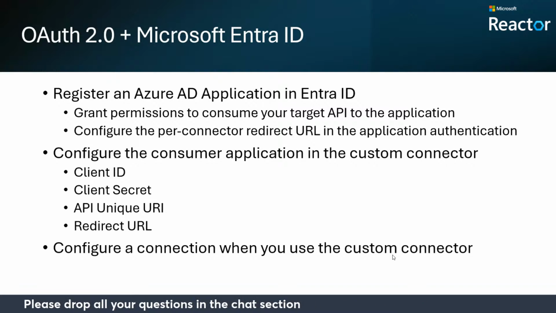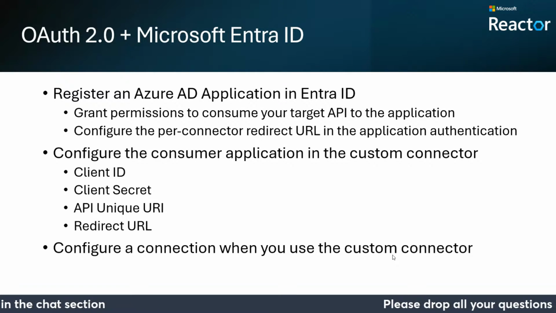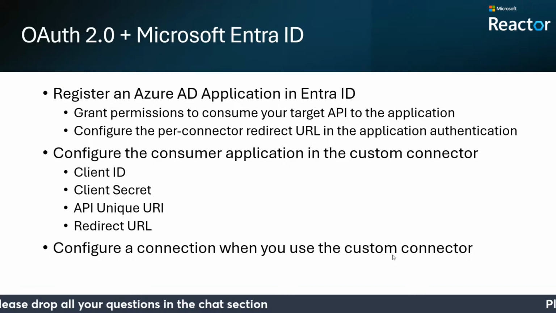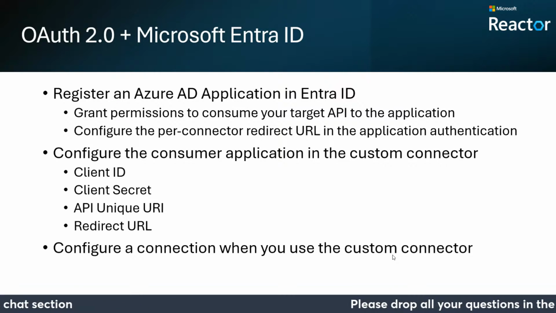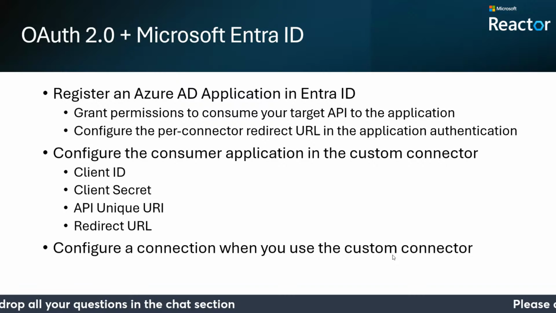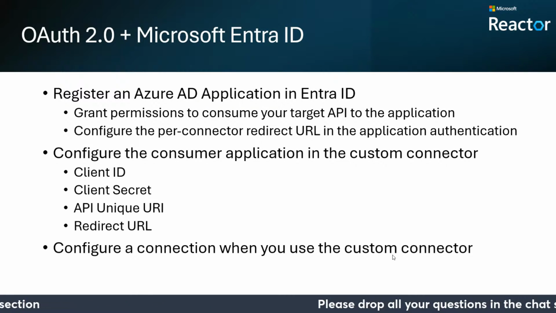Basically, to do this, first you need to create an Azure AD application in Entra ID, and then you need to grant the permissions to that specific application. Like if your API is going to create teams, or create groups, or list all the teams in your environment, based on the operations, you need to provide the specific permissions, and then you need to provide a redirect URL.